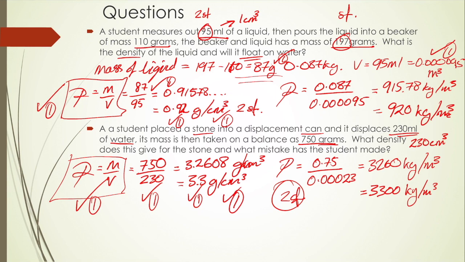Now let's have a look at this second part. What's the error? Well, the student puts the stone in the displacement can first and then weighs it afterwards, so the stone will be wet when the student takes the mass.